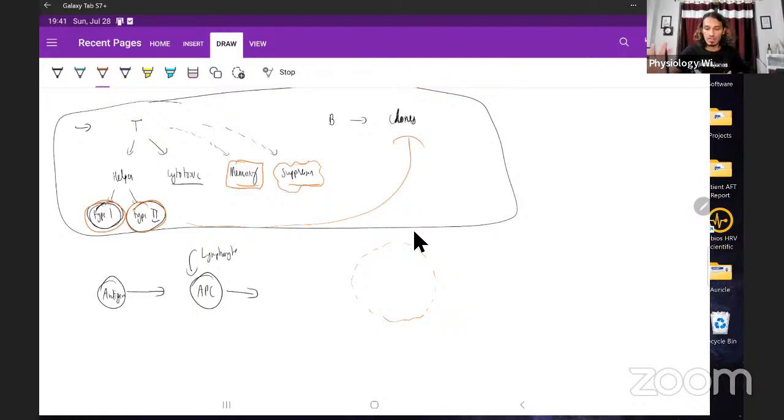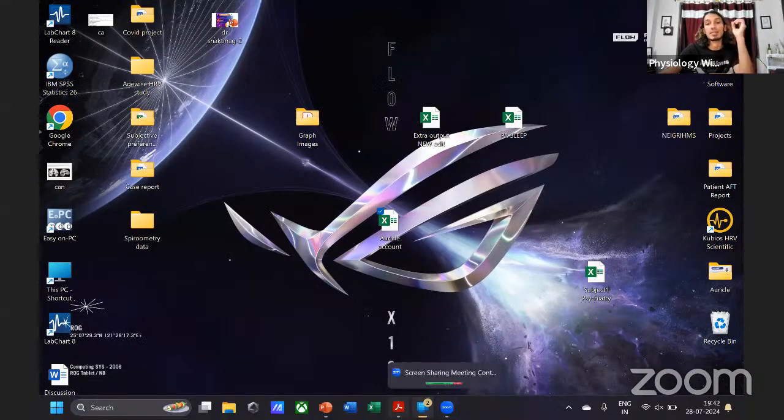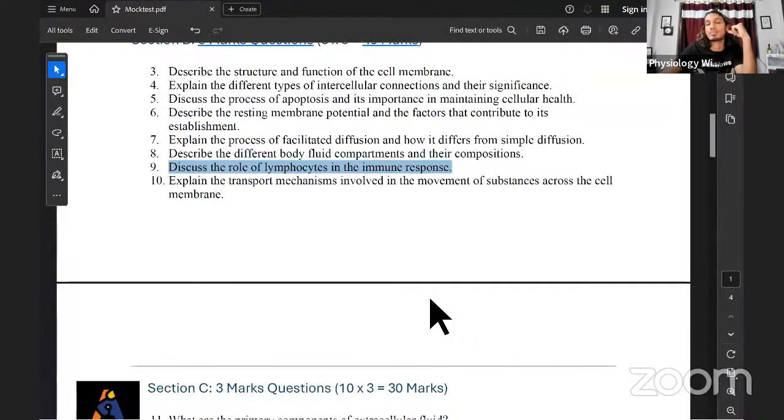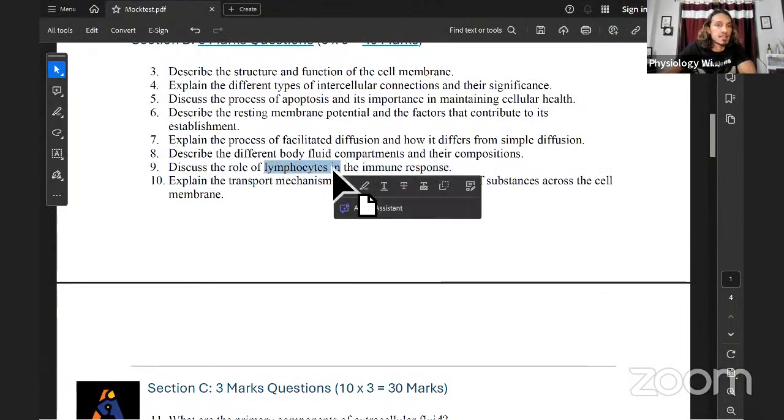Please don't write all the steps of adhesion, margination. That is generally for your neutrophils. I'm explaining this because I've seen students make these mistakes. Here the specific question is lymphocytes and immune response. How do lymphocytes act? Whatever I told you so far, that is how lymphocytes actually work.